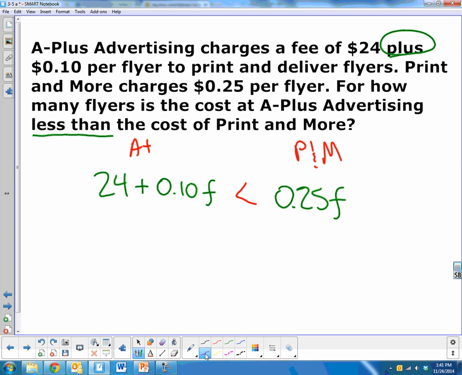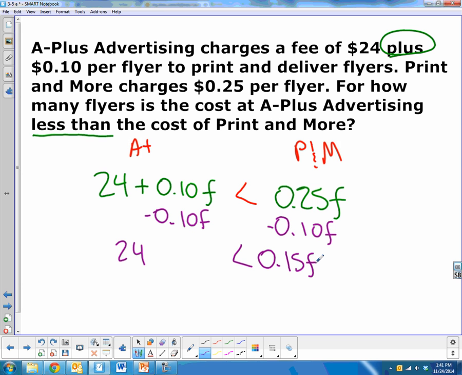So I'm going to solve for F. I'm going to get all my flyers onto one side. I'm going to get that 24 is less than, what is that, 15 hundredths, 15 cents per flyer. Divide both sides by 0.15.